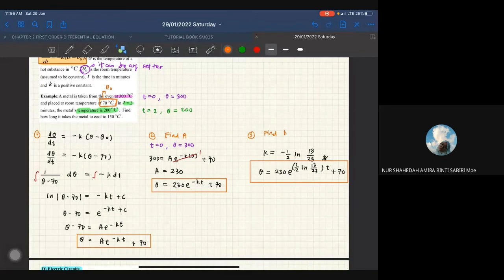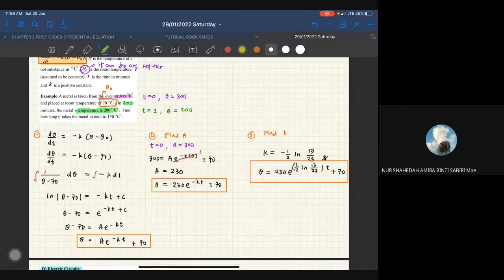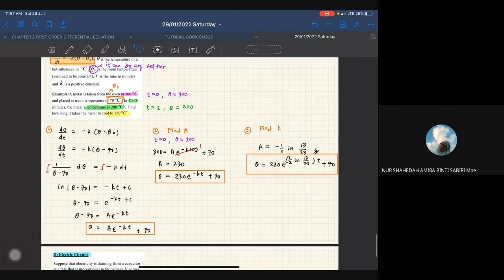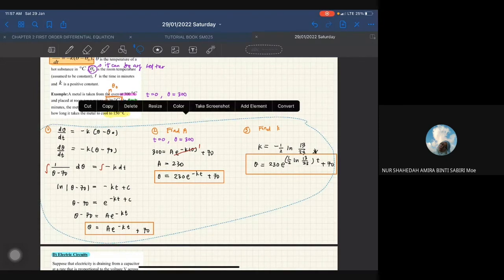So, soalan sebenarnya nak apa? Right, so saya guna highlighter warna yellow. So, sebenarnya soalan nak kita cari how long it takes the metal to cool to 150. So, dia nak kita cari dekat saat ke berapa temperature tu jadi 150. Alright, so I think I'm just gonna leave this one for you to do on your own.